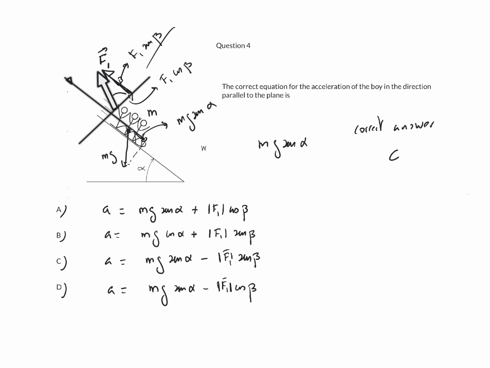But if we choose the positive direction going downwards, the equation will be mg sine of alpha going downwards, minus the magnitude of F1 times sine of beta.